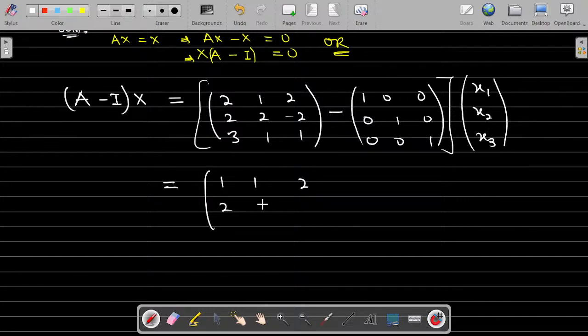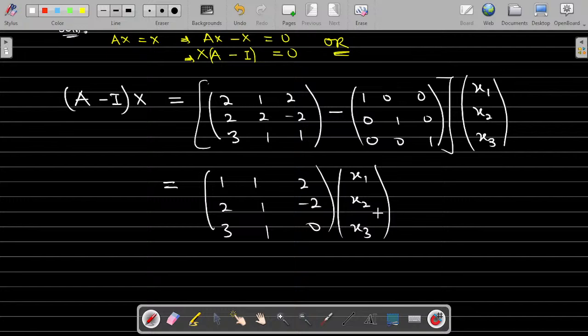Then this one is 1. Then this one is minus 2. So 3 will return, 1 will return, 1 minus 1 will turn to 0. And you are multiplying this by x1, x2, and x3.